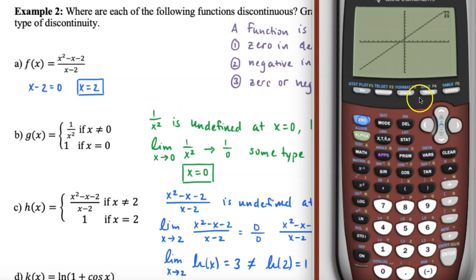So I'm going to go to second trace, press enter, and actually find out the value at x equals 2, just to ensure that there's an error here or a blank, which means there really is a hole at x equals 2 that I can't see on the graph.